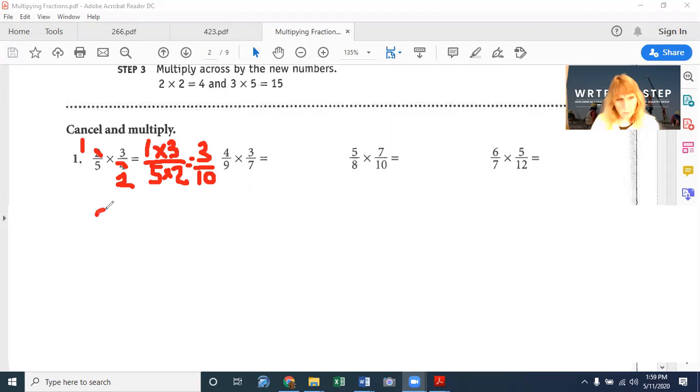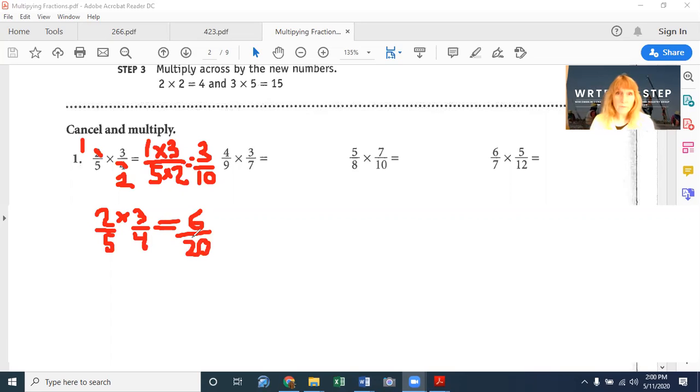Let's see what would happen if I were to multiply that without canceling. So my original equation was 2/5 times 3/4. I'll just rewrite it like this, just like the original problem. That would give me 2 times 3 on top, or 6. 5 times 4 on the bottom, or 20. And now I see that I'm not in lowest terms.